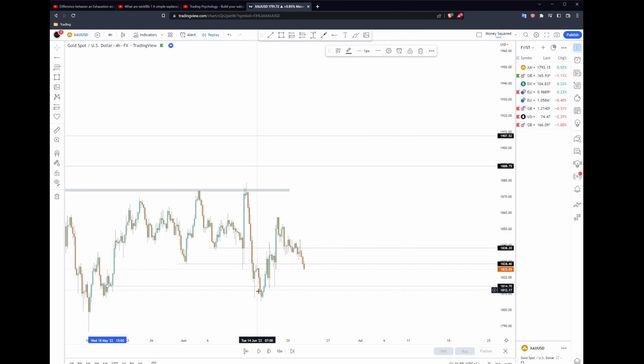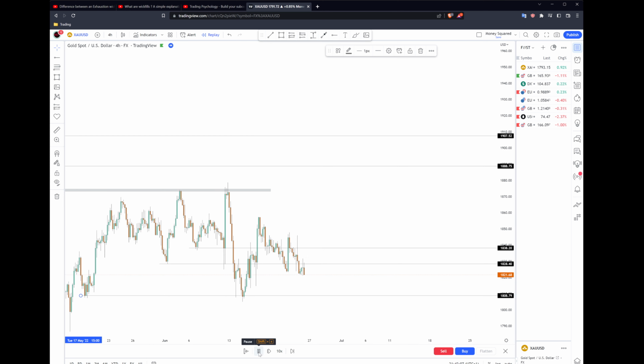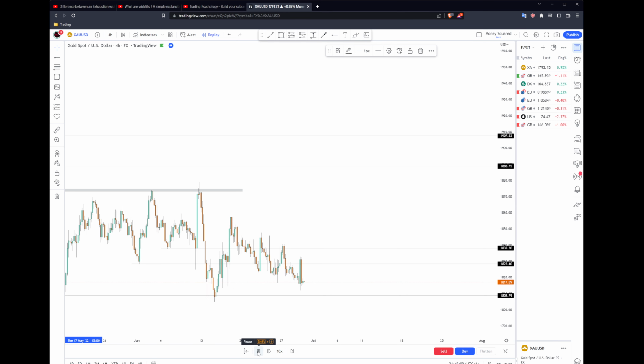Then as you can see, we made the same mistake because the main support is right over here. It comes, acts as support.